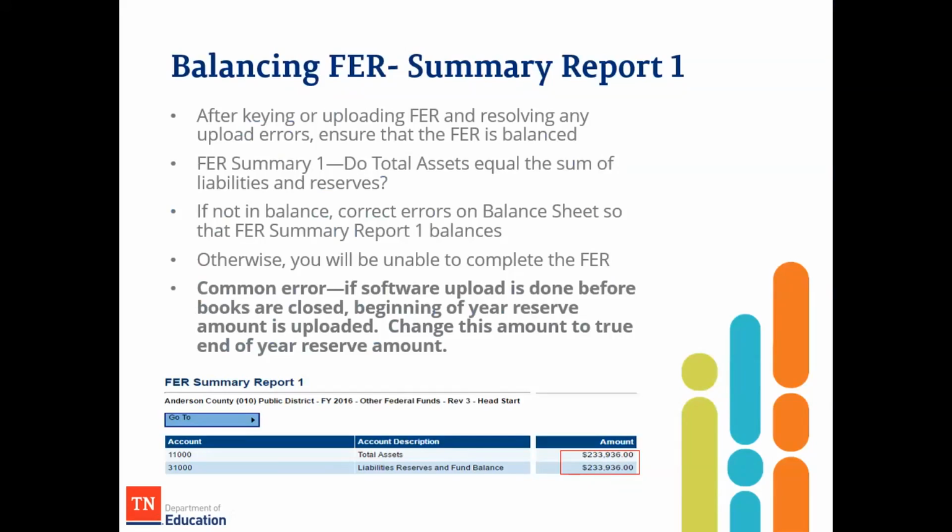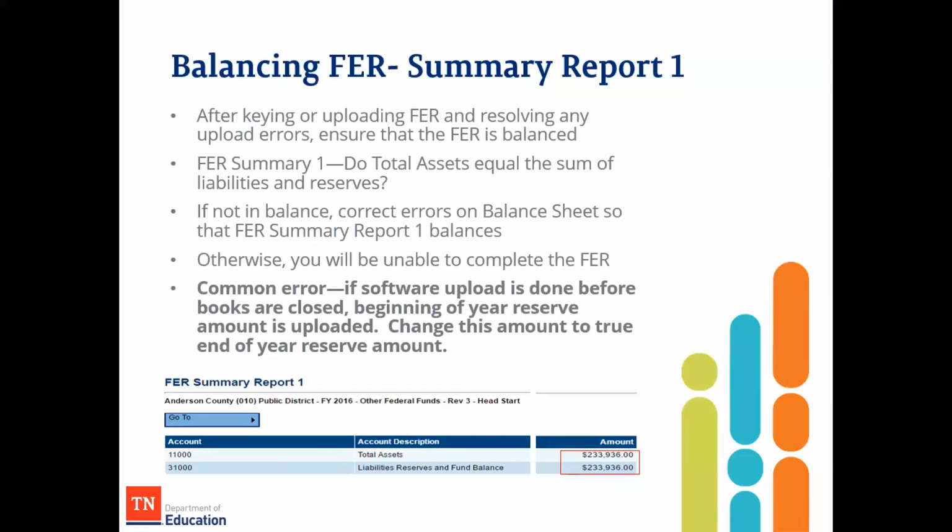And the most common error that we have is if your software upload is done before your books are closed. So everything you're uploading in here is before your books are actually closed. The beginning of your reserve is what is being uploaded in here. So you've got to change that to your true end of year reserve amount.